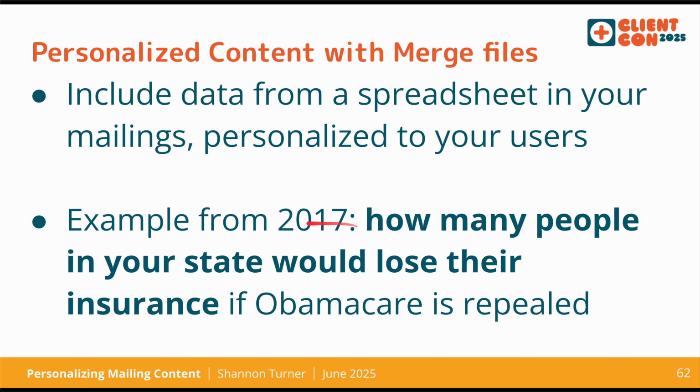So back in 2017, when I was on the client side, we did a major push telling senators not to repeal Obamacare. And part of that campaign was by saying, if you do, you'll be taking away the insurance from this many people who had gained their health insurance through Medicaid expansion.